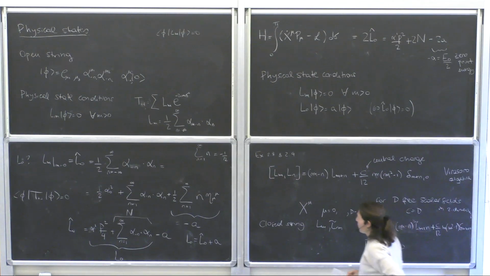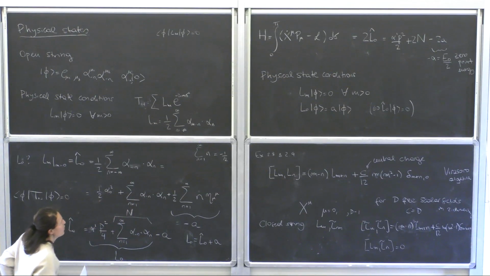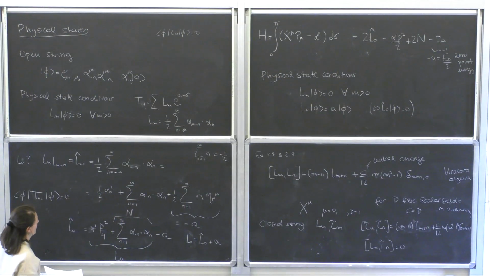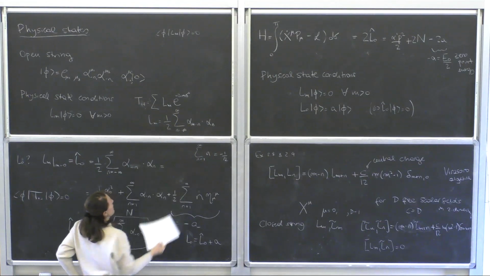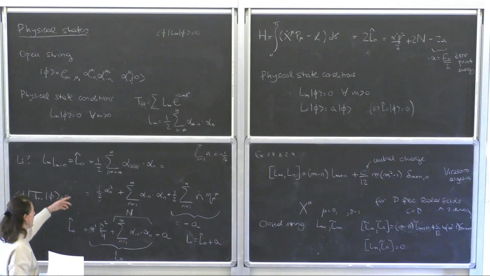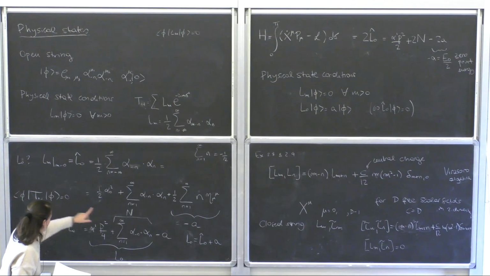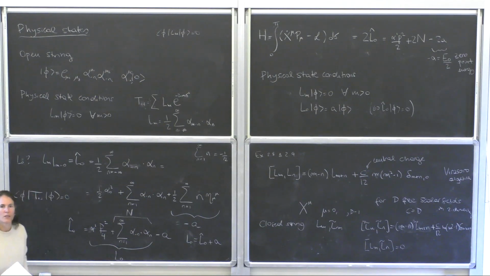This is for normal ordered operators, yes. For Lm with m different from 0, you can order them as you want because they commute. And for L equals 0, we did. So this is L0 in that order.